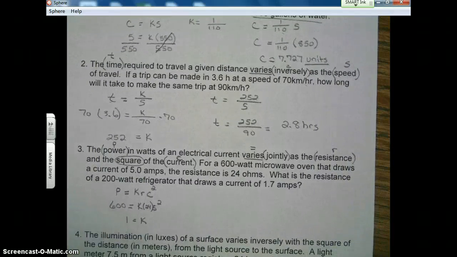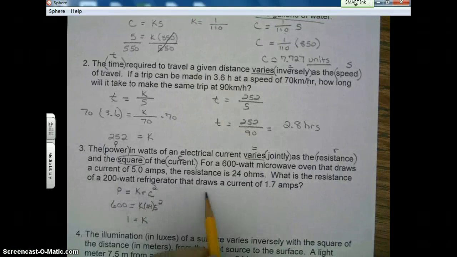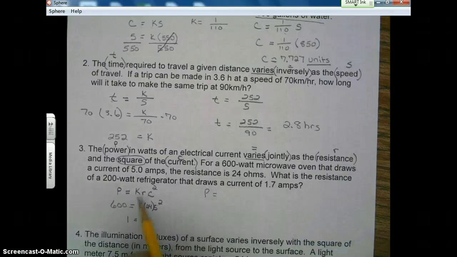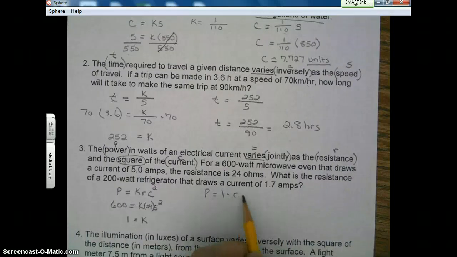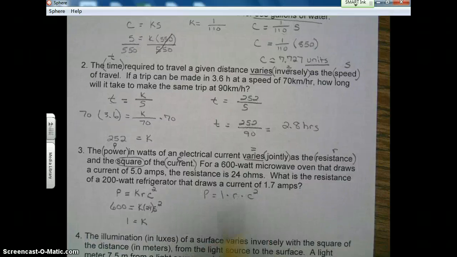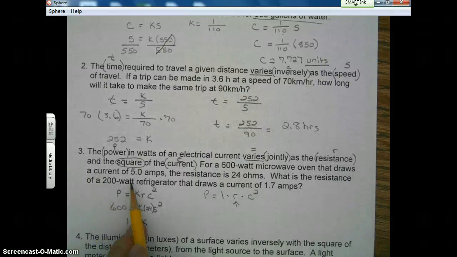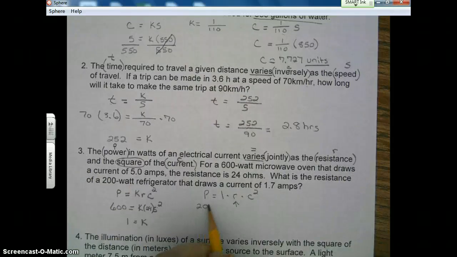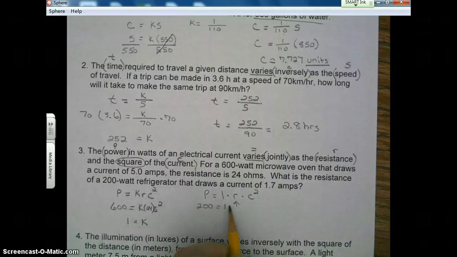Now, using our same formula here, power equals our constant, which is 1, times the resistance, times the current squared. It says, what is the resistance of a 200 watt refrigerator that draws a current of 1.7 amps?